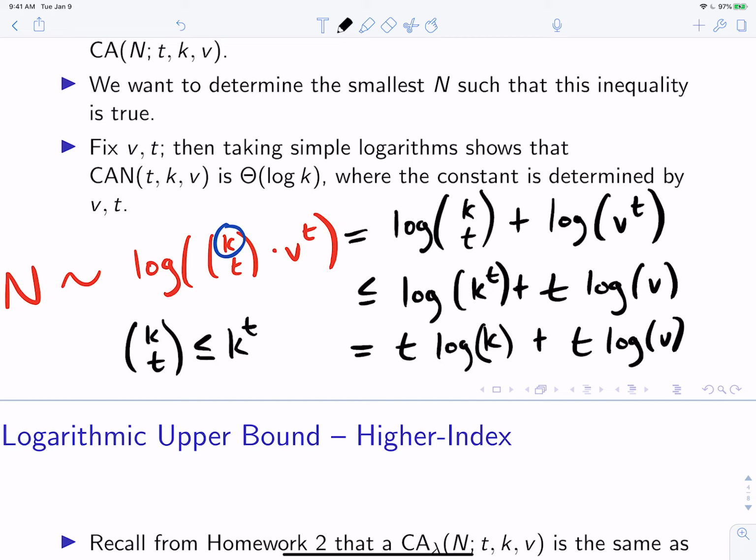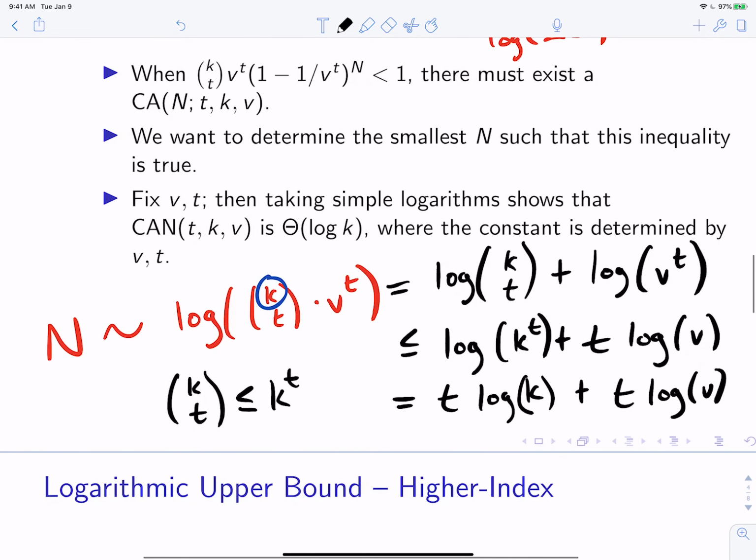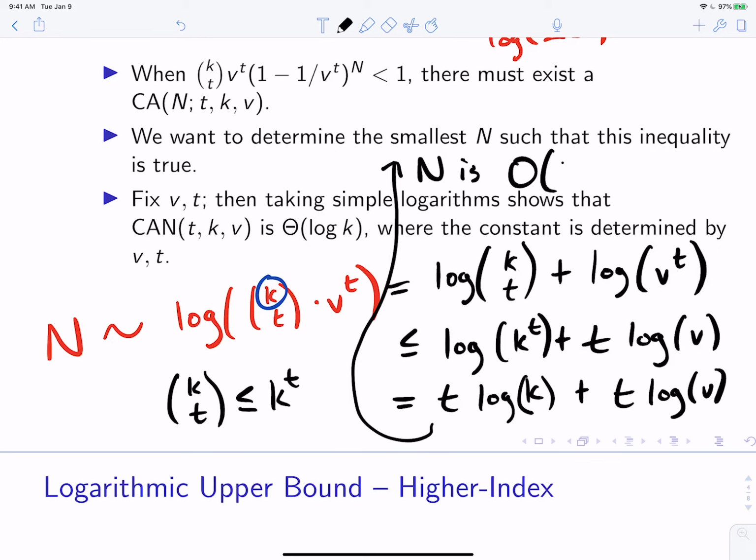No. But the thing that does change is t log k, right? t, which is a constant number, times log k, but k is growing. So this tells us that n is at most some number times log k. So this tells us that n is big O log k.